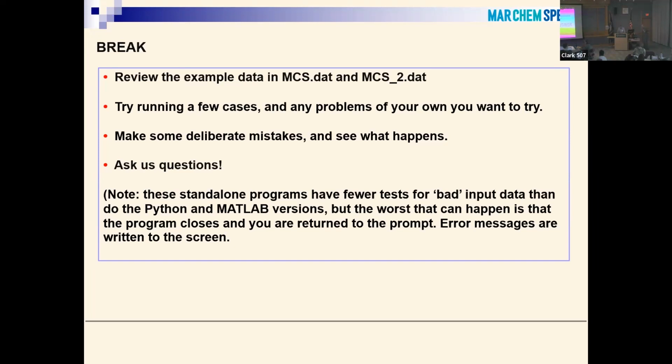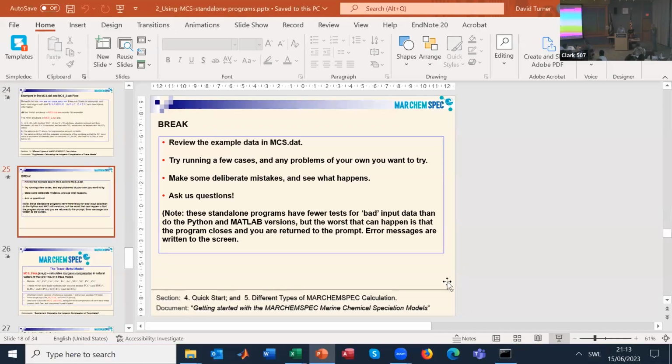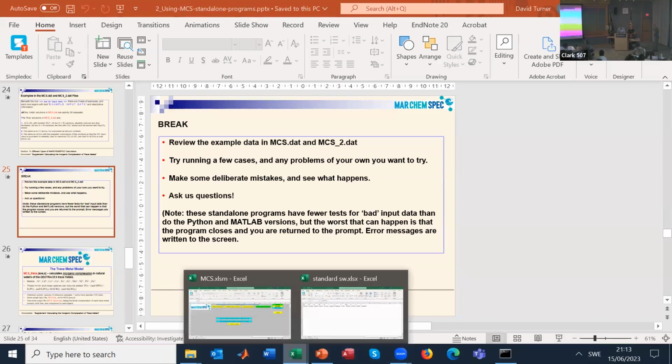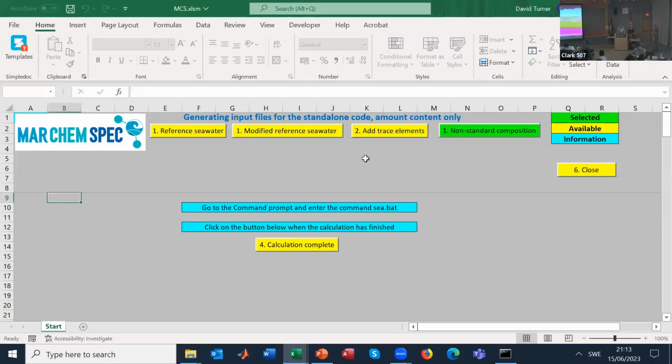Okay, thanks, Simon. I'll go back to Excel here a moment. The heading for this one is modified reference seawater. In other words, the Excel system is set up so that you start with the standard reference seawater, but can make changes to it and look at what happens there.